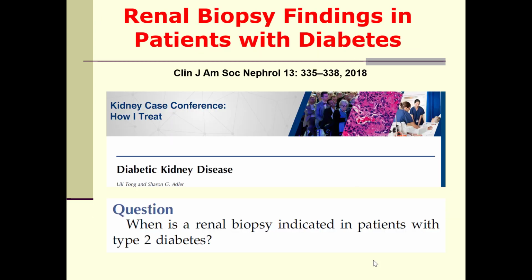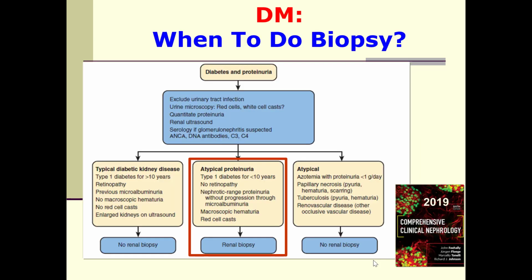A more practical question: when is renal biopsy indicated in patients with type 2 diabetes? Because there is an increasing trend toward reducing the threshold of doing biopsy in diabetic patients. But we should be careful and wise about when to do biopsy. I agree with this view.